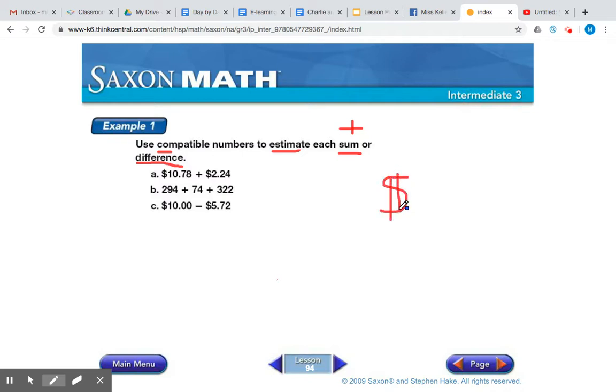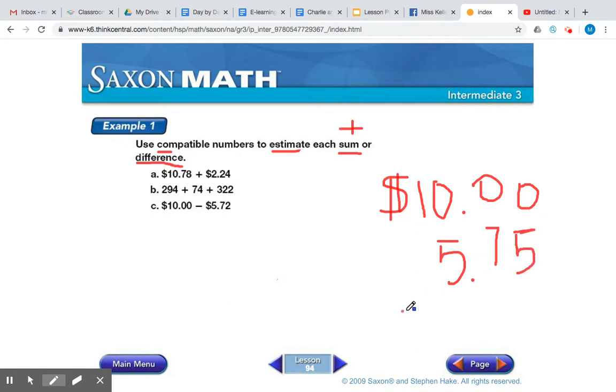And the last one on example 1, $10 minus $5.72. $10 has already been estimated for us, so we can go ahead and write that one down. $5.72 is pretty close to $5.75. Now this is pretty easy because we're just adding the 75 cents to 0, so we can go ahead and write down 75 cents and then put our decimal point in the front.